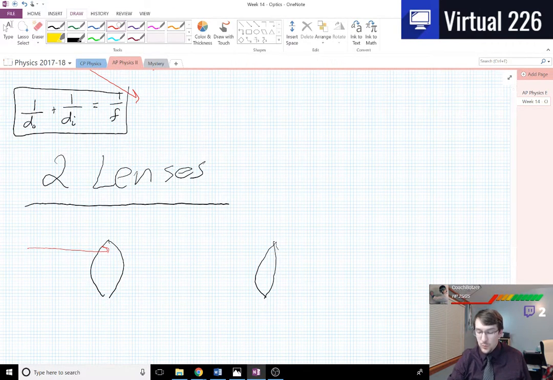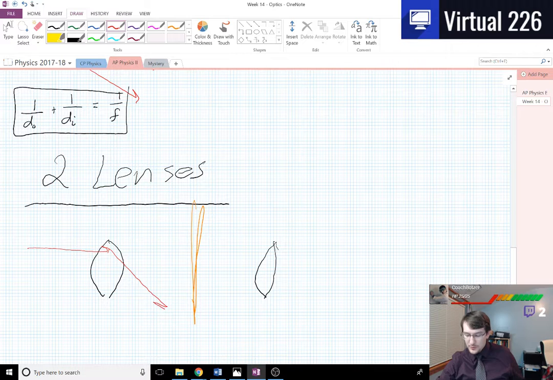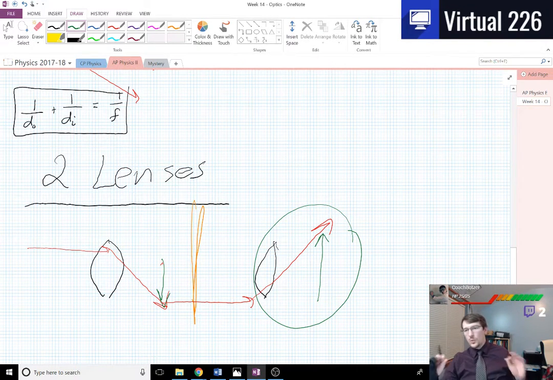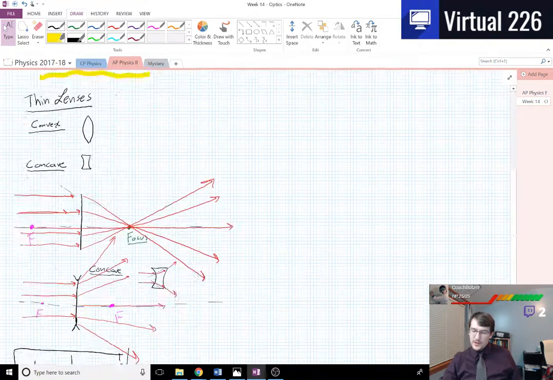Treat it as just one lens twice. Okay, so we'll see how to make these images in class, but treat it as going through one lens, make your image, and then take that image and treat it as going through the other lens to make your image again. Okay, so it's just one lens problems, but you're doing it twice.